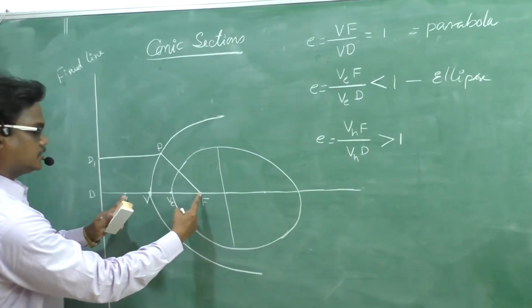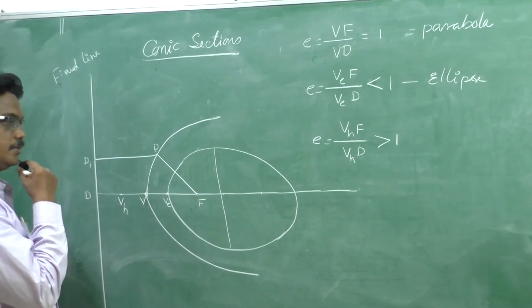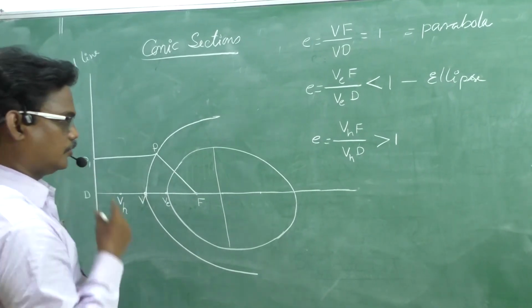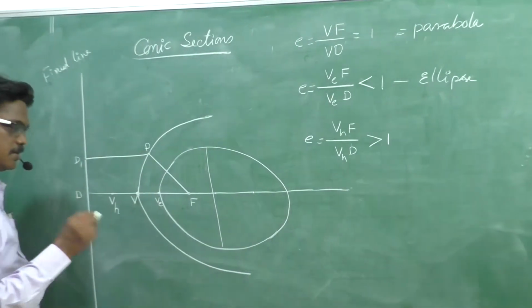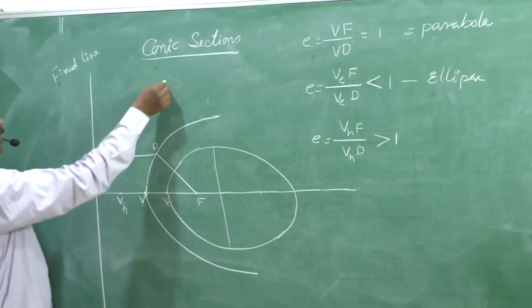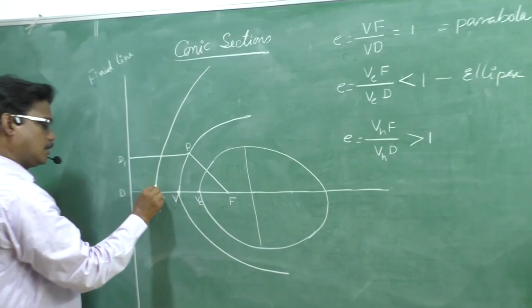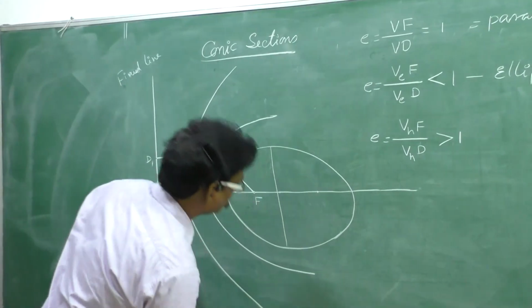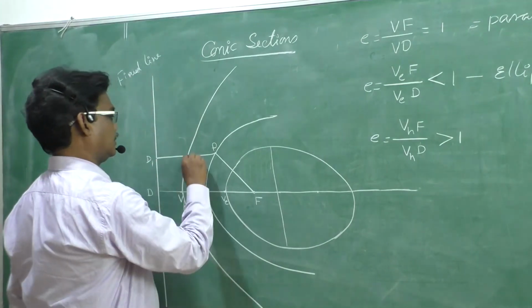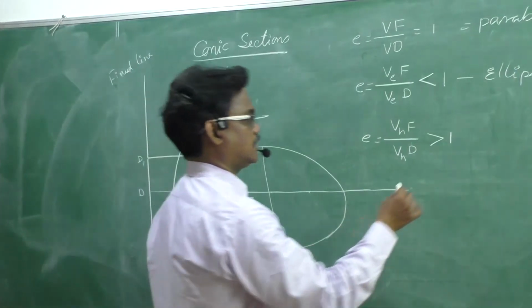The numerator is more, the denominator is less. Therefore, it is more than 1. And if you draw, by maintaining the same proportionality, a curve, the curve will be like this. Okay, this is also an open curve. This is a hyperbola.